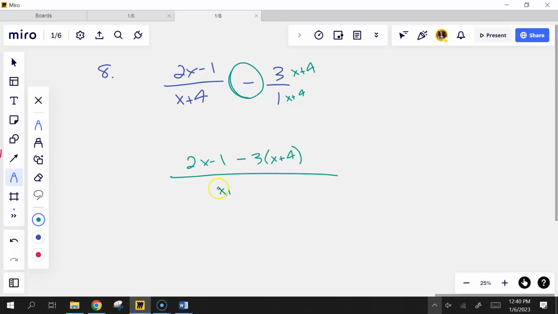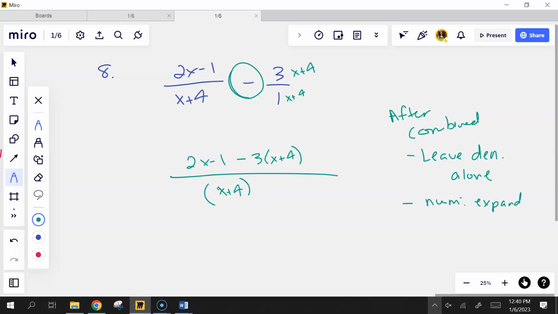Now, here's what you're going to have to do whenever you add or subtract. Once you combine, you're going to leave the denominator alone. But the numerator, you're going to have to expand and then simplify.